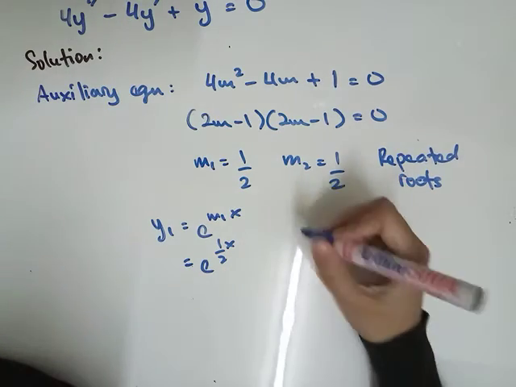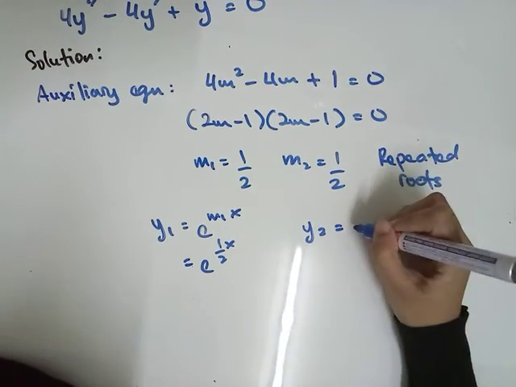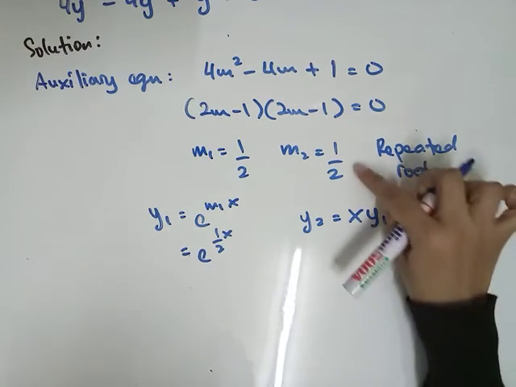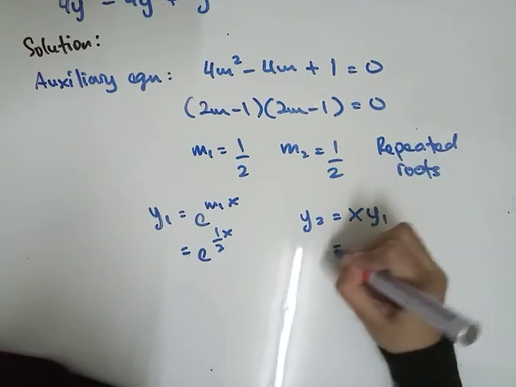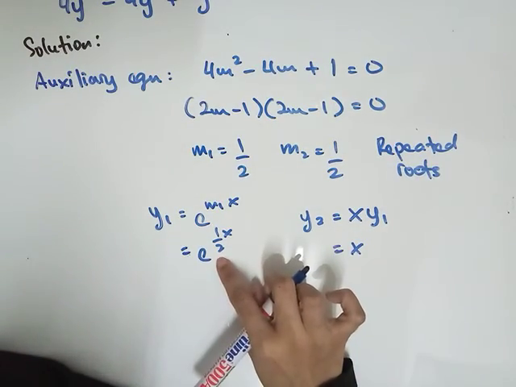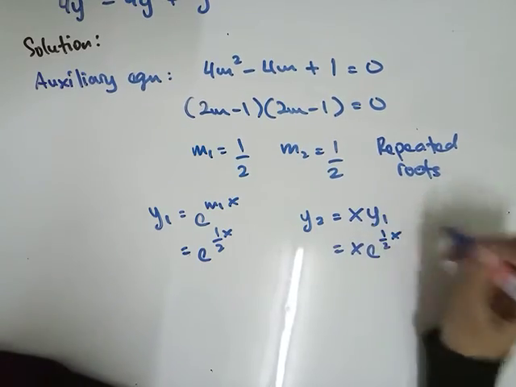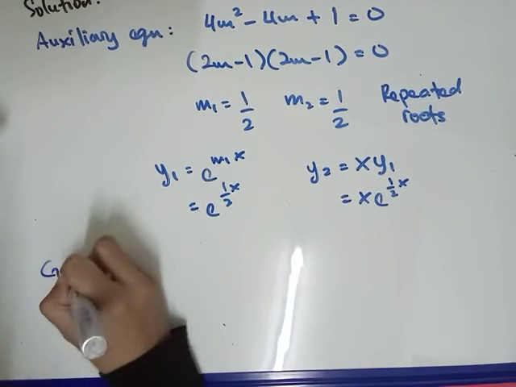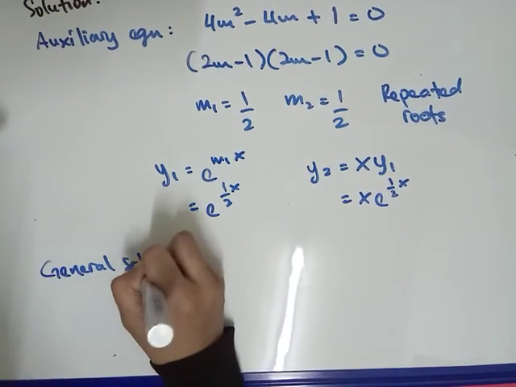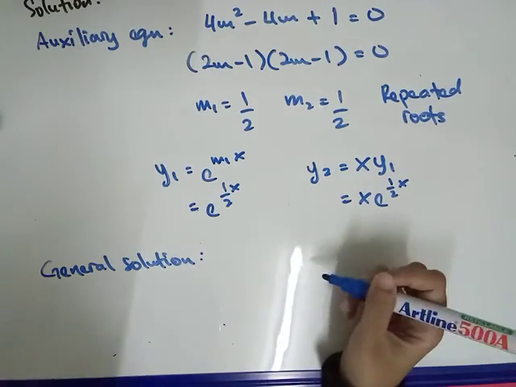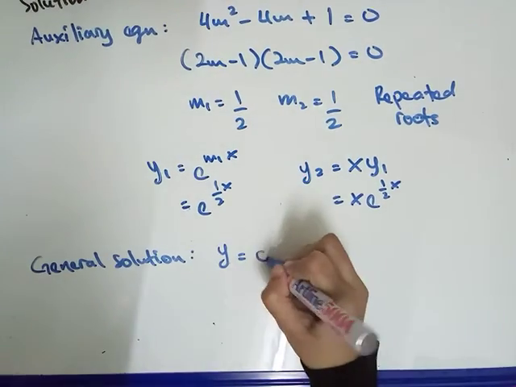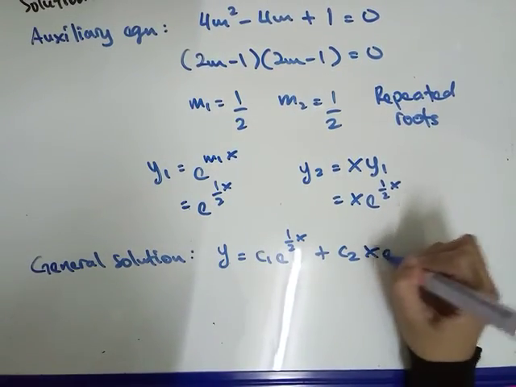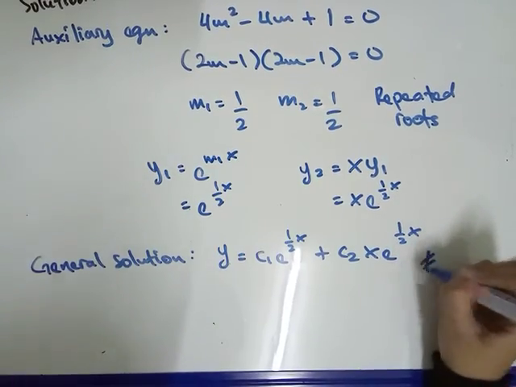For y2, we need to multiply with x, y1 multiplied with x, because we have repeated roots. So x y1 is exponent 1 over 2x. Then substitute into the general solution: y equals C1 exponent 1 over 2x plus C2 x exponent 1 over 2x. This is the answer.